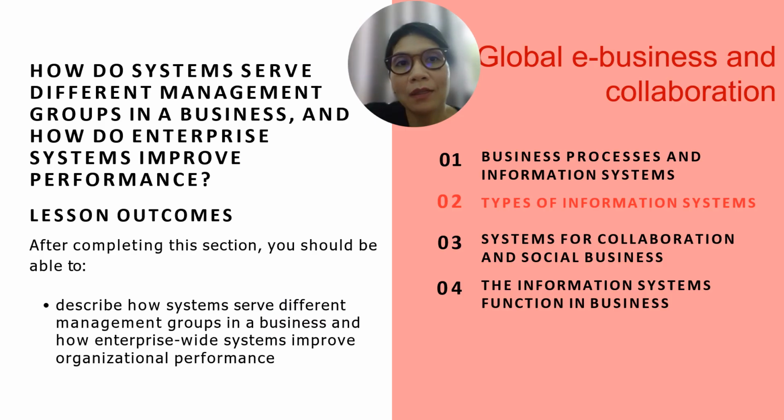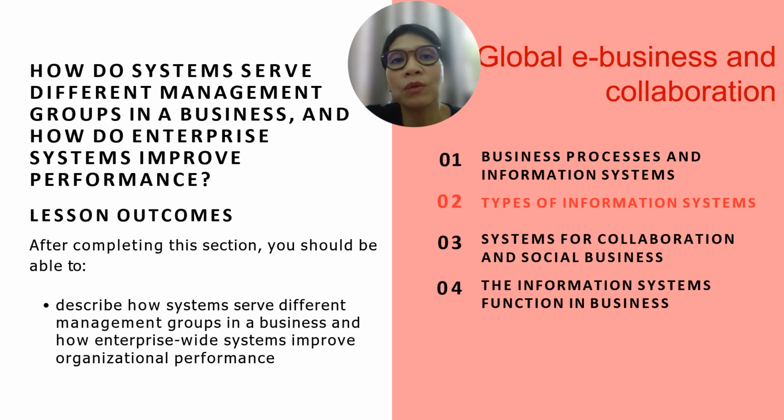Let's now move on to the types of information systems, the second section of this chapter. What we have here is that in an organization we have different management groups that use various types of information systems.